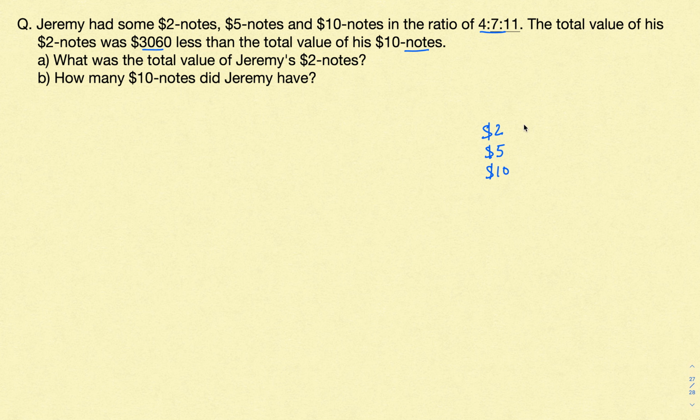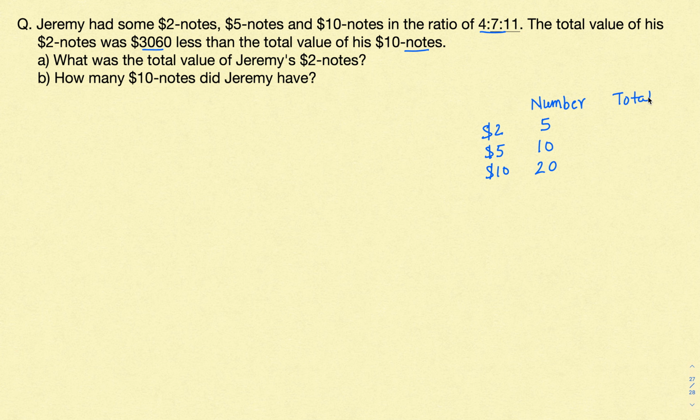Maybe I have 5 $2 notes, 10 $5 notes, and 20 $10 notes. So the number of notes for $2 is 5, $5 is 10, and $10 is 20. But if someone asks me what's the total value of the $2 notes I have, the value is different.